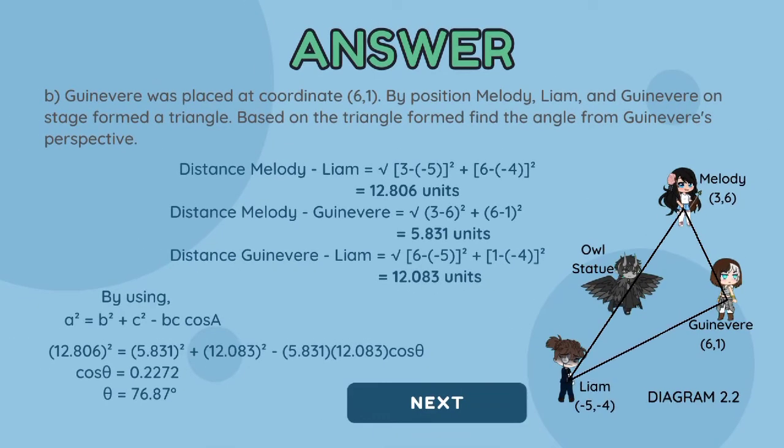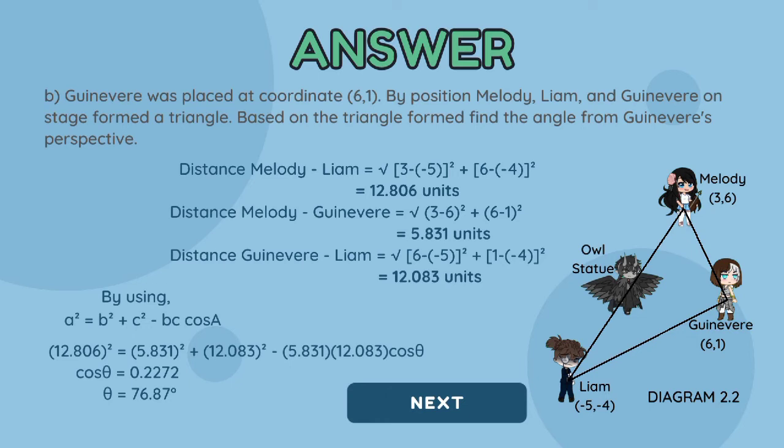For question B, first we need to determine their distance to each other. The distance for Melody Liam is equal to 12.805 units by using the distance formula for 2 points. The same method was used to find the distance between Melody Jennifer, which is 5.831 units, and Jennifer Liam, 12.083 units.